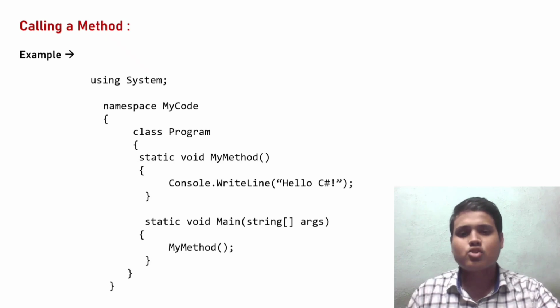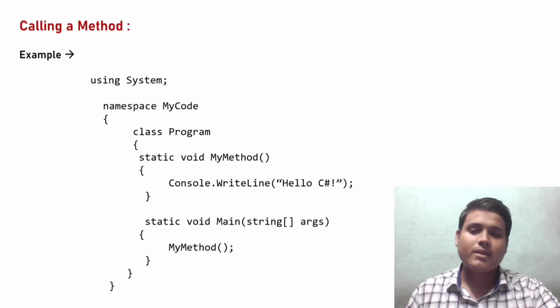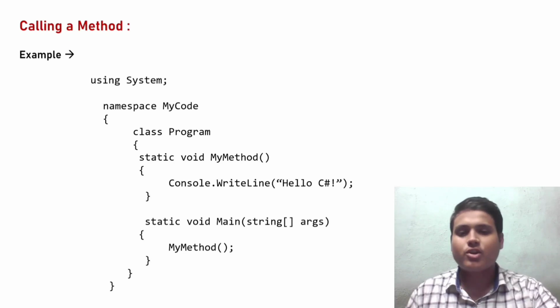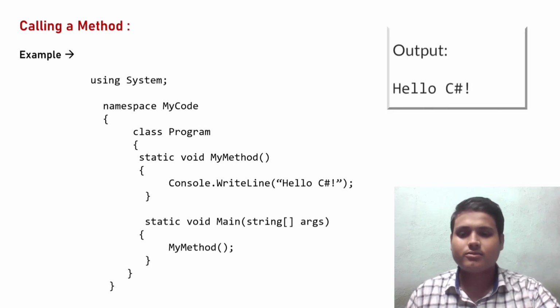This method will print the statement which we wrote inside it. And then the static void Main part. This is the main entry point of our program where execution will start. And here we are calling the same method which we defined earlier, which prints Hello C#. So here you can see the output.